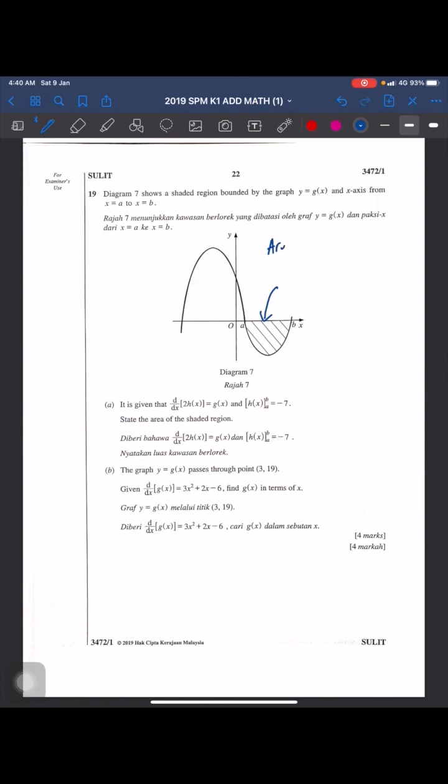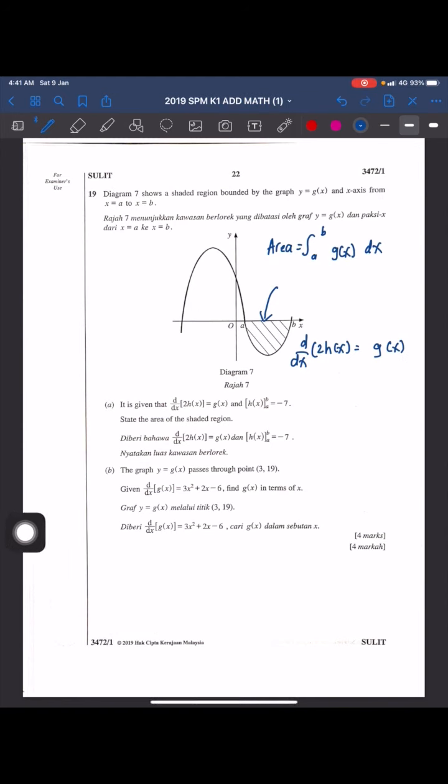The area of the shaded region should be the integration from a to b of g(x) dx, right? From the question, the information given is d/dx of h(x) equals g(x). Now look here. To find the area, we should integrate g(x), but here we only have g(x).